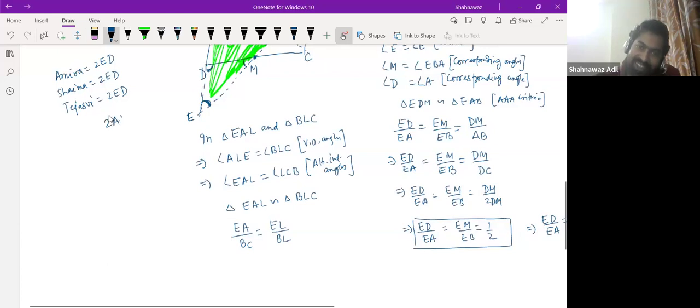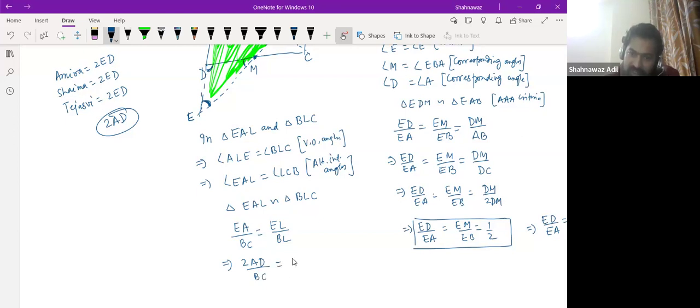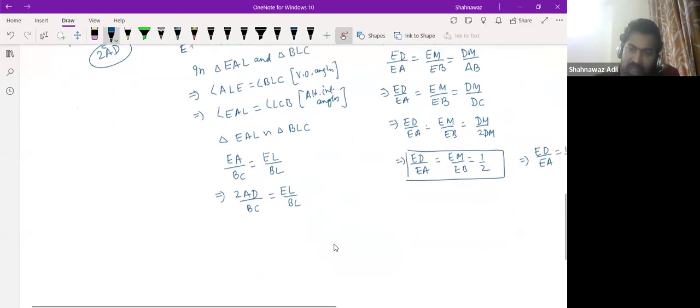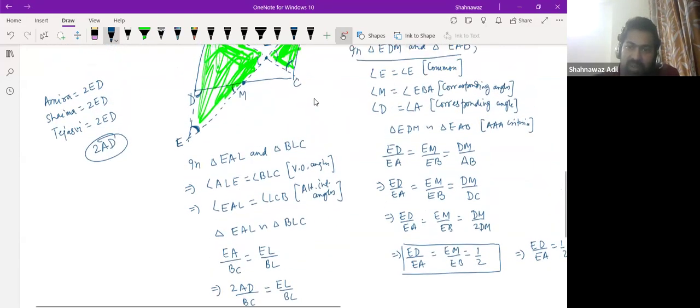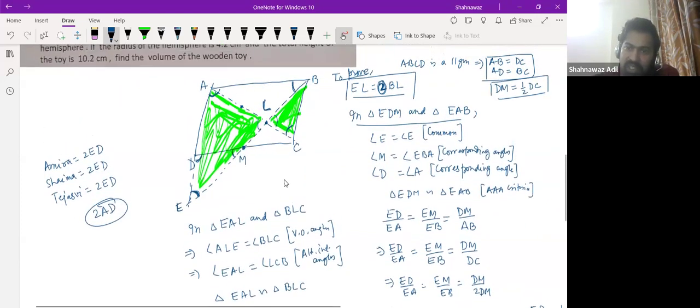So let's see why this AD is right. We can replace AD with BC, because ABCD is a parallelogram.